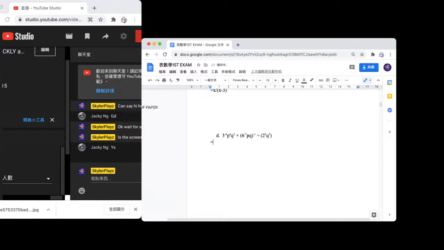To solve this problem, we just simply apply the law of index, and we will divide the question into 3 parts. One is the constant, the second part is p, the third part is q. Before all of this, we need to calculate the second part: after the multiplication, we need to simplify it first.